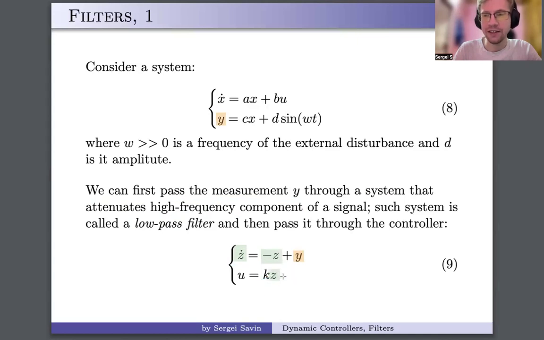And then z dot is being multiplied by controller gain k and being passed out, right? So z, you can think of it as a filtered version of y. And u is your control output, your control signal. So somehow this system is supposed to filter out this noise. Let's see how it's done.